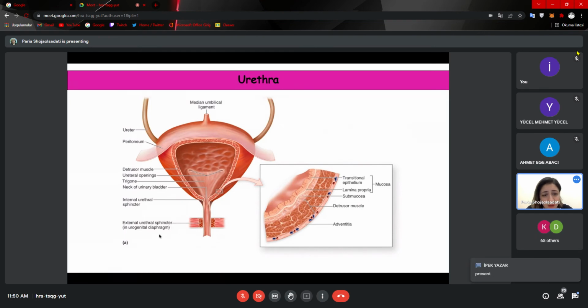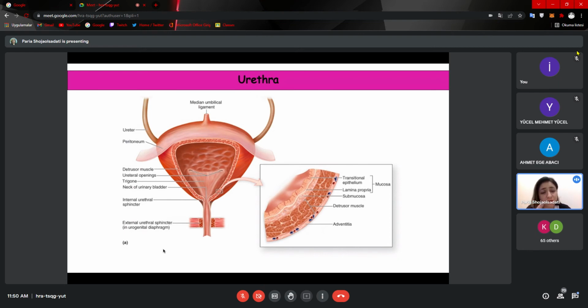Another important difference between these two sphincters is that the internal urethral sphincter works involuntarily and is controlled by the autonomic system, but the external urethral sphincter works voluntarily, like other sphincters in the body, where we have two sphincters.